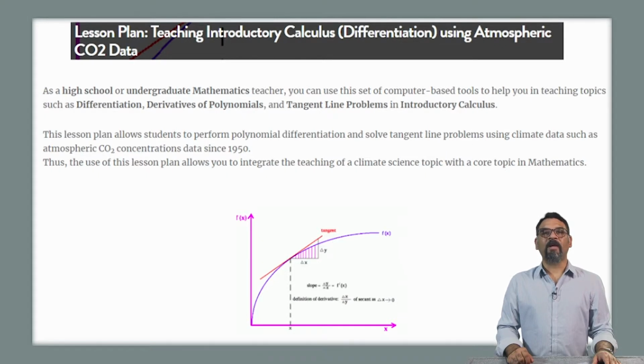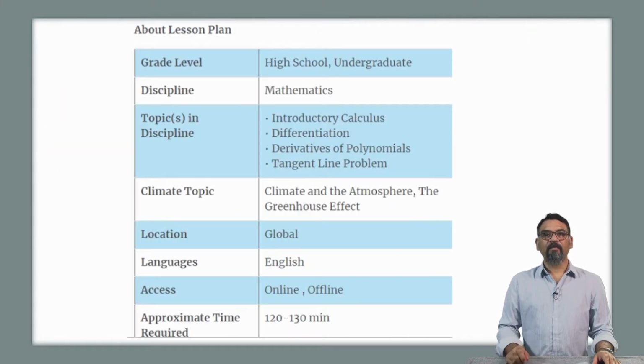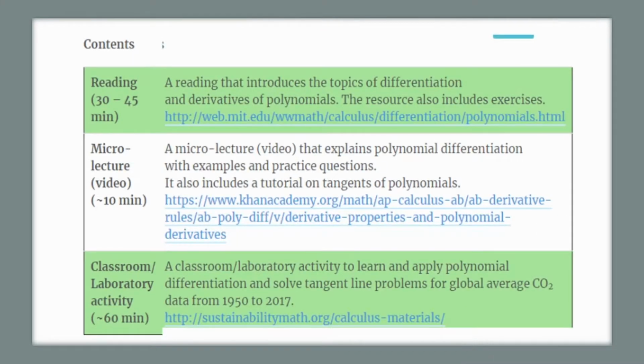In this lesson plan, your students can perform polynomial differentiation and solve tangent line problems using climate data such as atmospheric CO2 concentration data. And as you know, CO2 is a major contributor to climate change or global warming. So, if you are teaching topics such as introductory calculus, differentiation, derivatives of polynomials, tangent line problems, we invite you to take a closer look at this lesson plan.